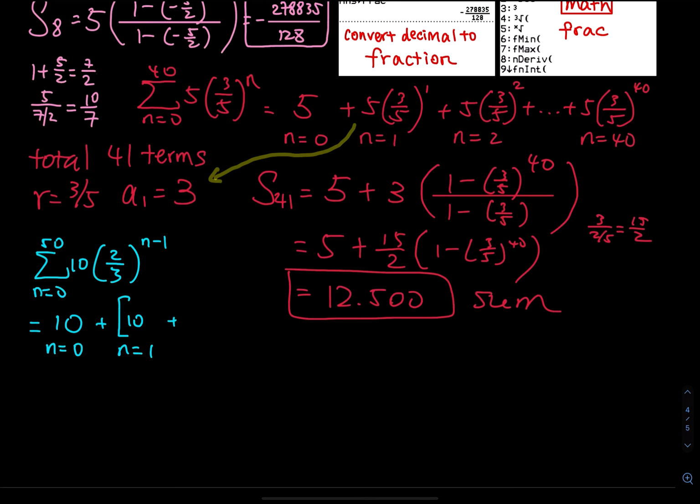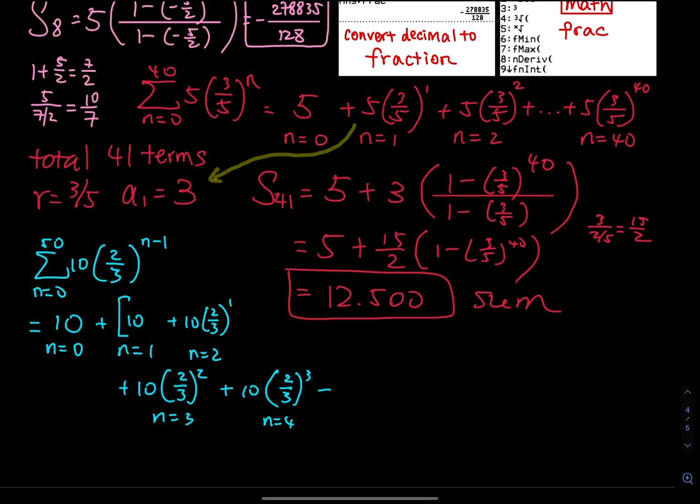And then when n is equals to 2, you have 10, and then 2 over 3, 2 minus 1. And then when n is equals to 3, 2 over 3 to the second power. And then n equals to 4, 2 over 3 to the third.